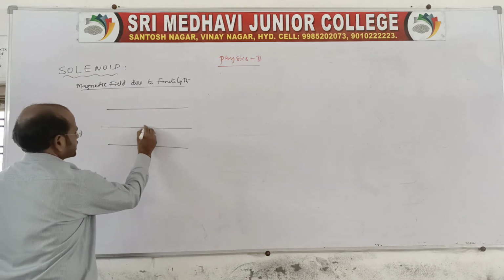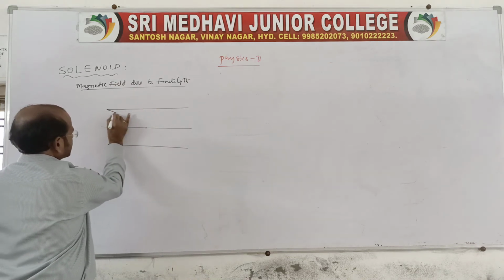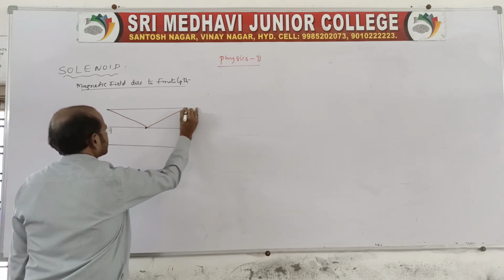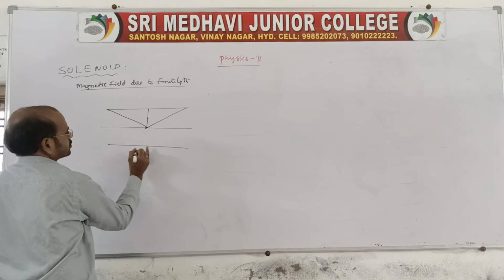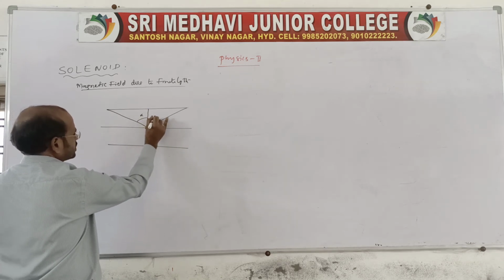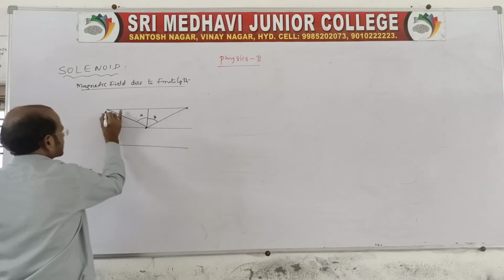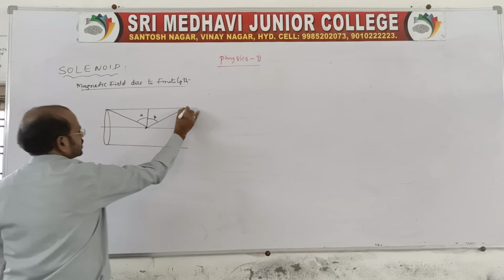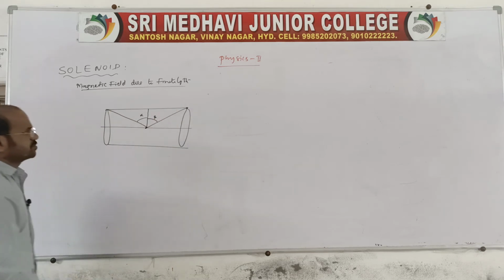You take a center point, and because it is finite, we get the contribution from one end and also from the other end. If you draw a perpendicular, it makes an angle alpha, and the other makes an angle beta. Each and every turn consists of a number of turns, right?